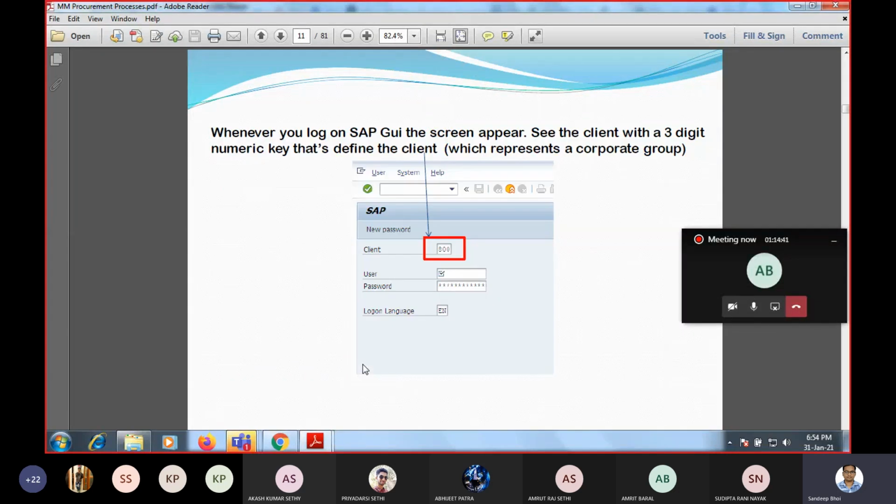You can see the client whenever you log in to the SAP graphical user interface. When the screen appears, you can see a 3-digit numeric key, like 800. Hopefully you got the client concept. Yes, sir.